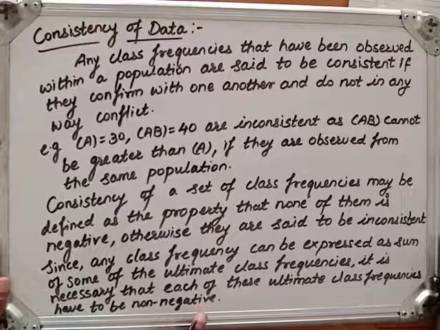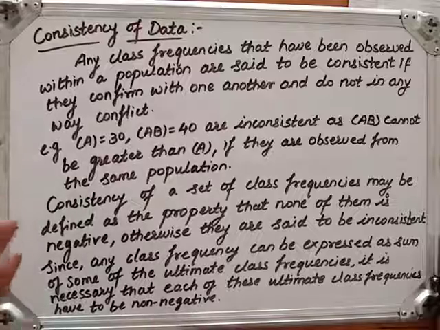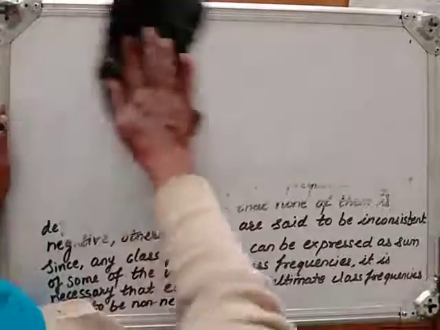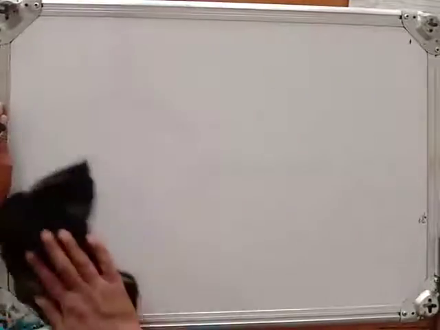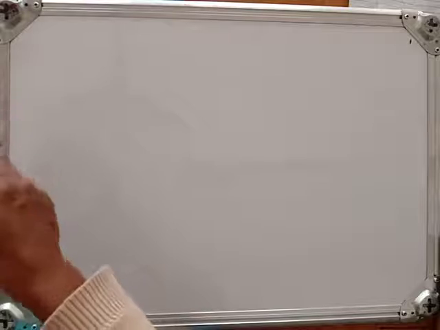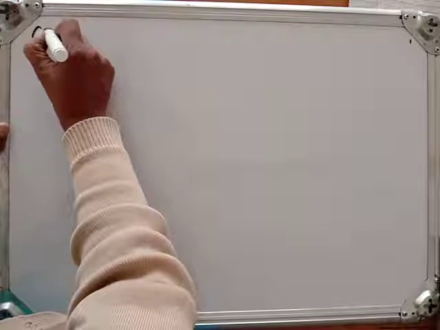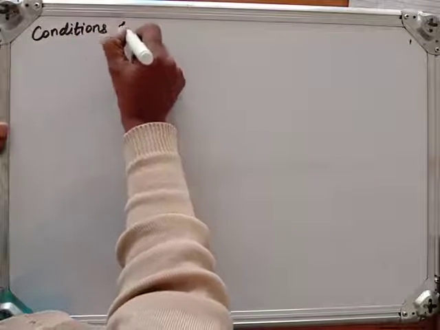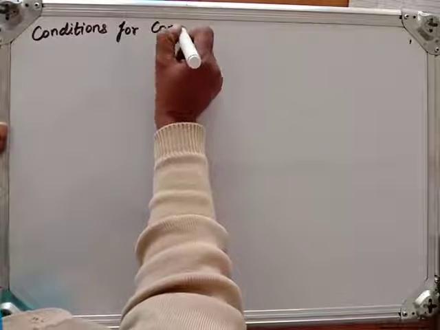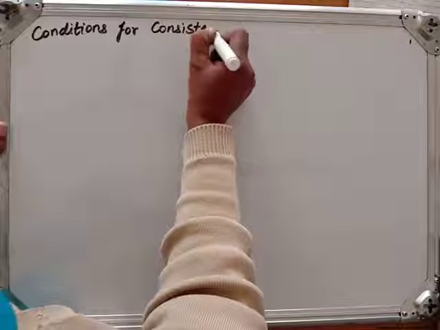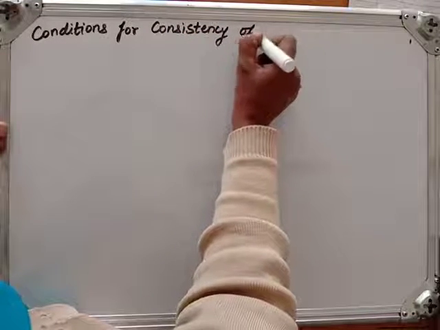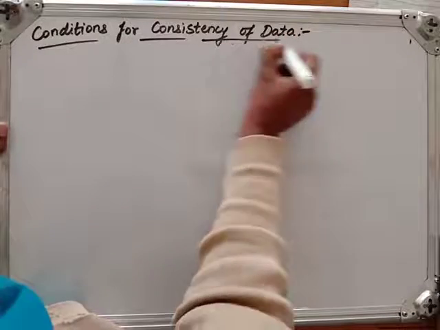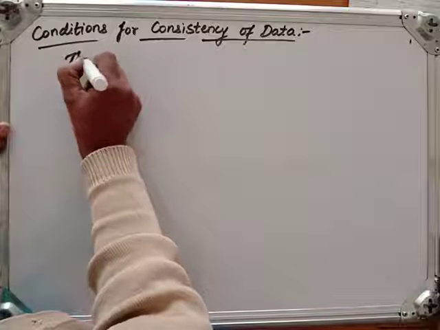Now, what is the condition for consistency of the data? Let's see that. So, simply that condition we have to check. We will take just an example after writing the condition so that you will understand it. Now, conditions for consistency of data.